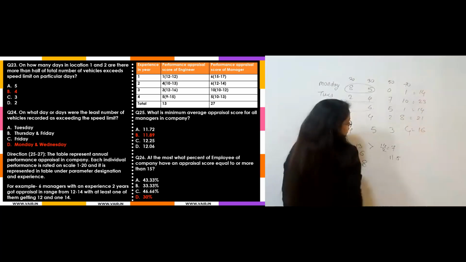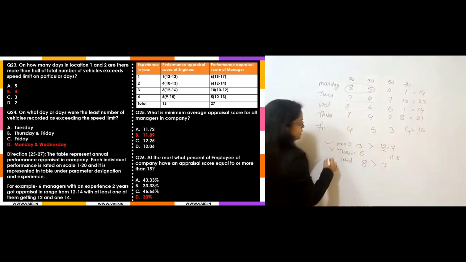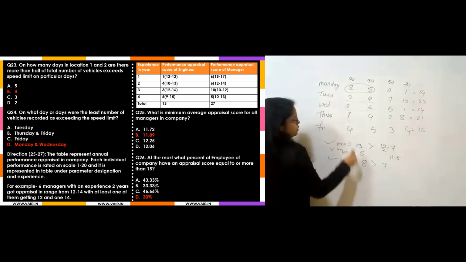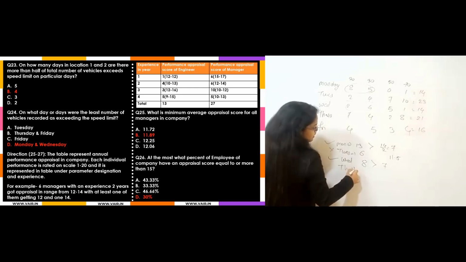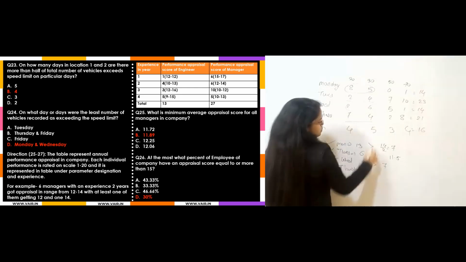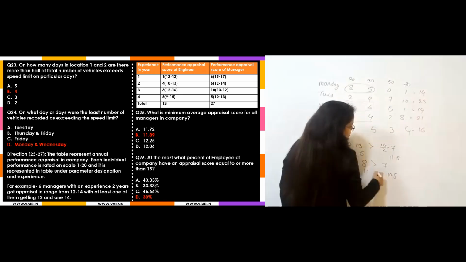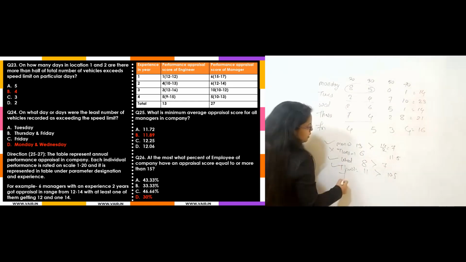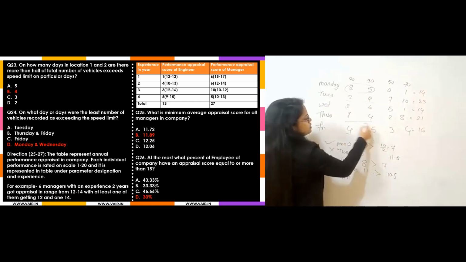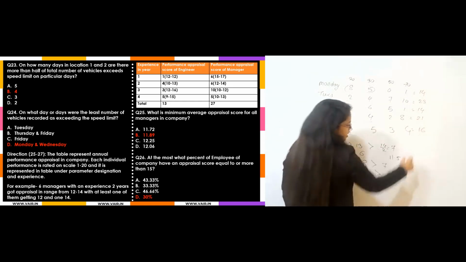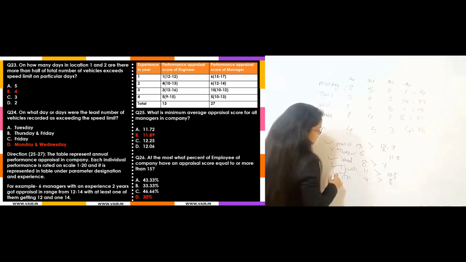And half of 14 is 7. So it is greater. So Wednesday is acceptable. For Thursday, 7 plus 4 is 11. And half of 21 is 10.5. So it is greater. So it is acceptable. And on Friday, 4 plus 5, 9. And half of 16 is 8, which is greater.